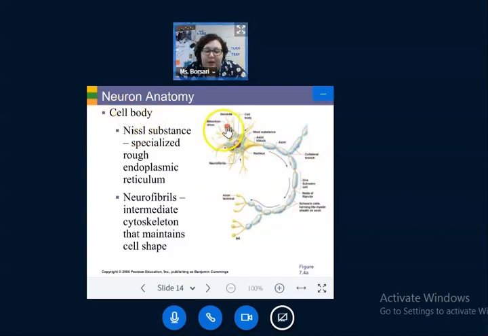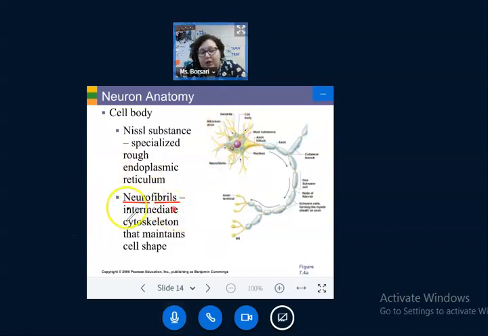So within the cell body itself, this part right here, we've got our Nissl substance, which is basically the rough endoplasmic reticulum, but a little bit more specialized for our neuron. We've got our neurofibrils. Neuro is neuron, fibrils, think fibers.